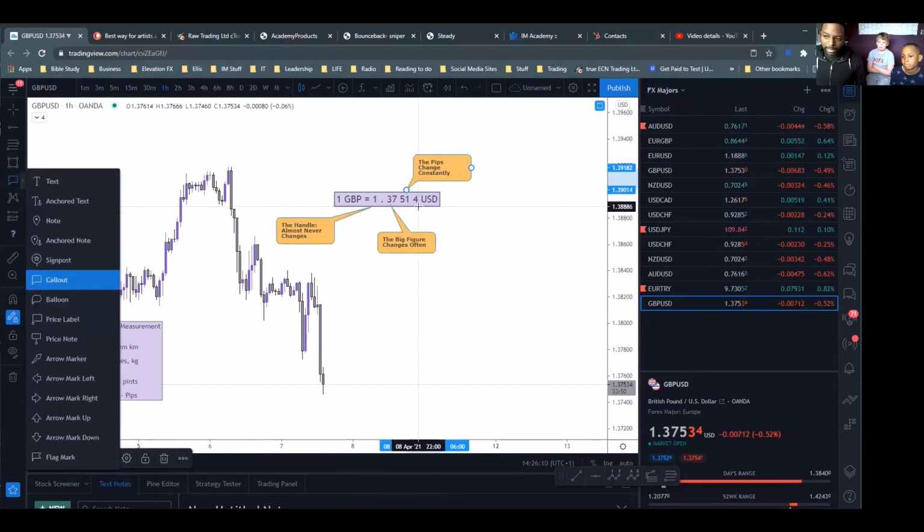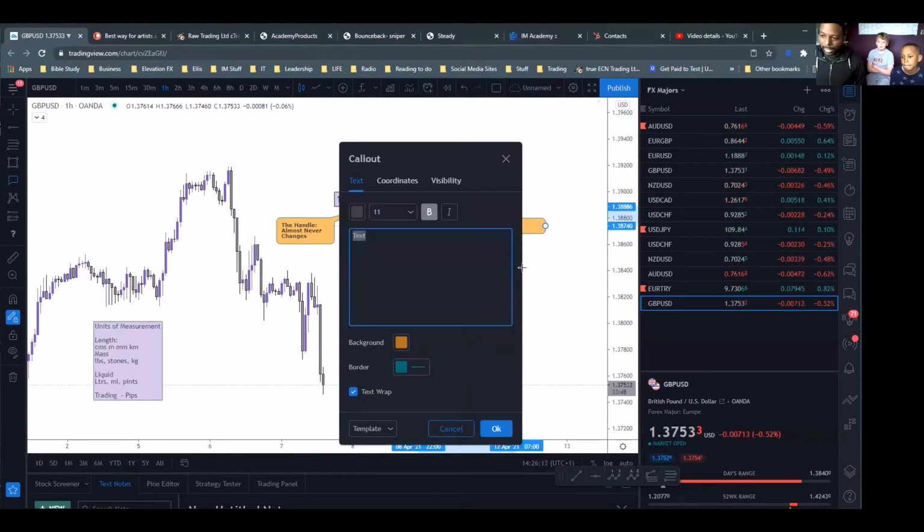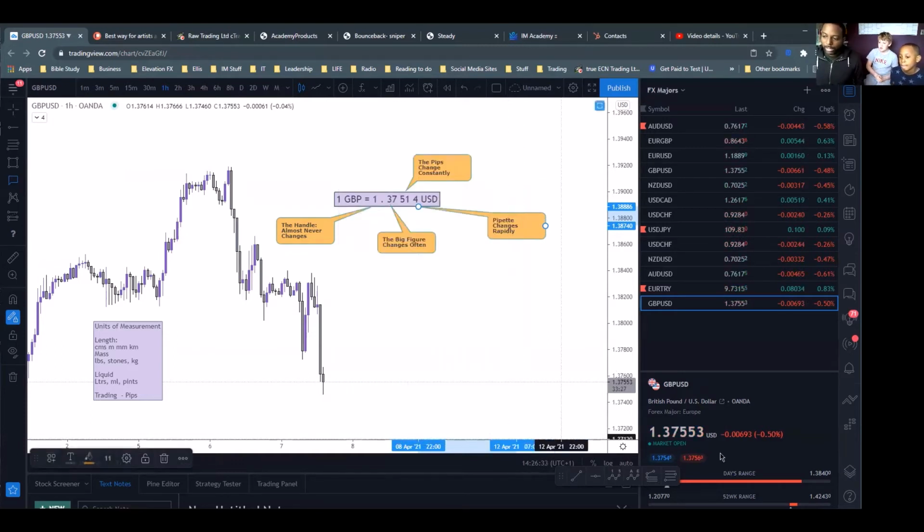It's called the pipette, the tiny little fraction of a pip, and that changes without stopping. Is that the smaller number, on top, the pipette? Sometimes they show it small over here, but really that's the pipette.